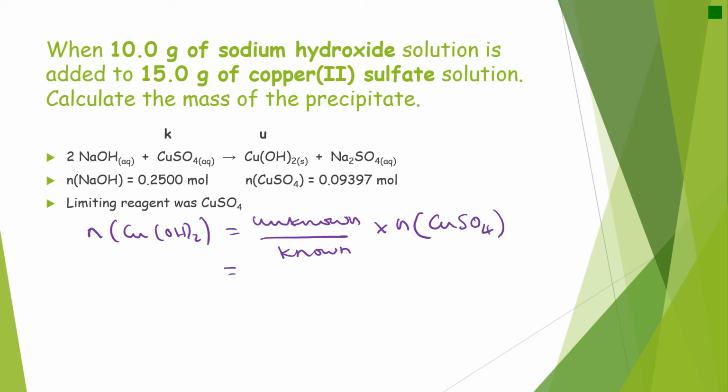So in this case the unknown was 1, the known was 1, so times 0.09397 moles. So the answer will be 0.09397 moles of copper hydroxide.